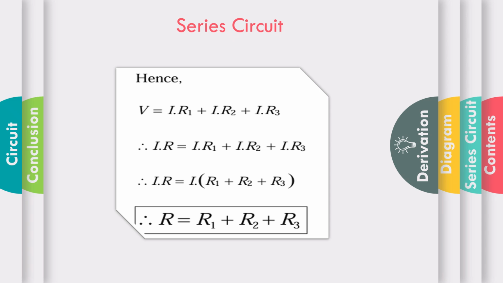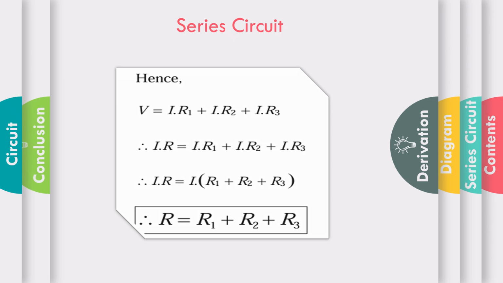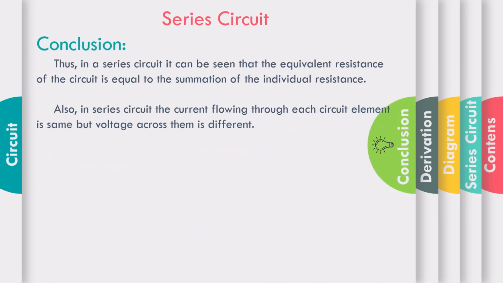This is the equation for calculation of total resistance or equivalent resistance of the series circuit. Finally, we conclude that the total resistance of the series circuit is equal to the summation of the individual resistances. That is, R is equal to R1 plus R2 plus R3. Here we can write the conclusion also.